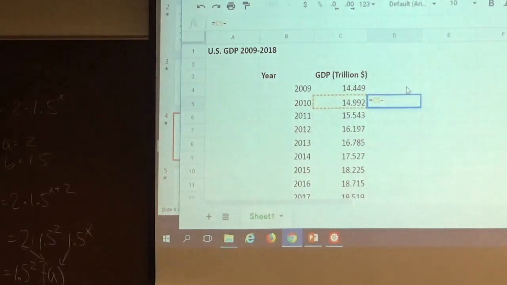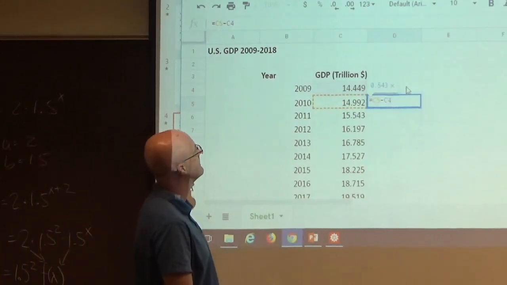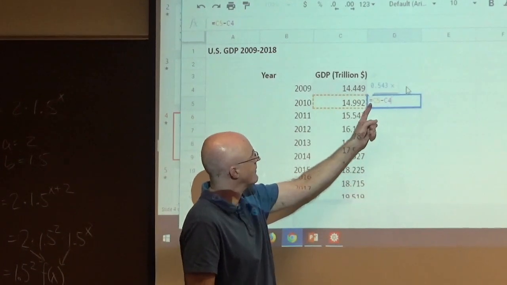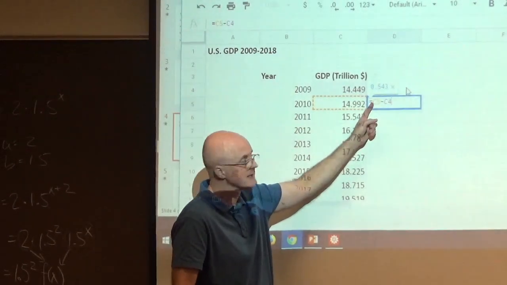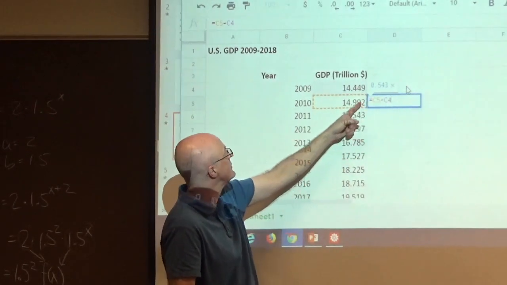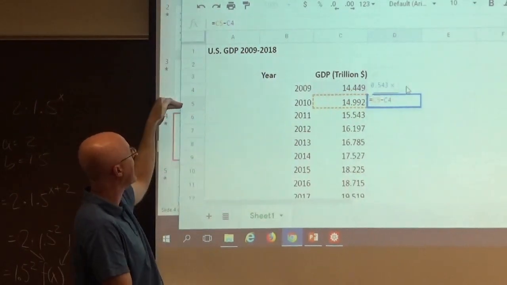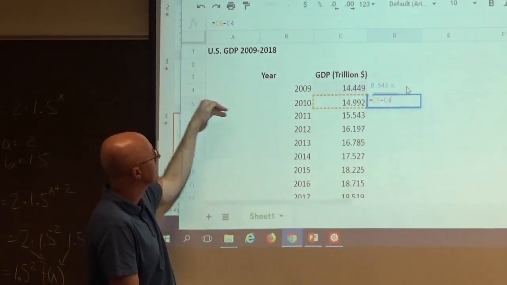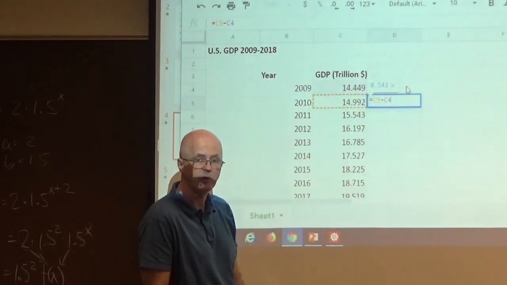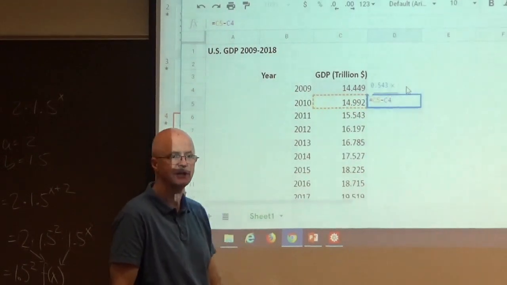C5 minus C4 would be a way you could type that into a spreadsheet. If you've never used a spreadsheet before, this may be new to you. Equal sign right there is going to have it do math, essentially. C5 is referring to whatever numbers in cell C5, column C, row 5. And I'm subtracting whatever numbers in C4. This is called a formula in a spreadsheet.